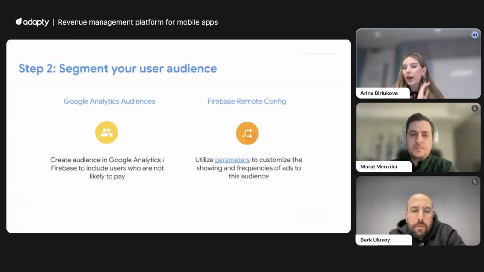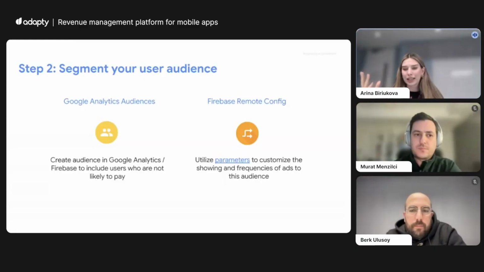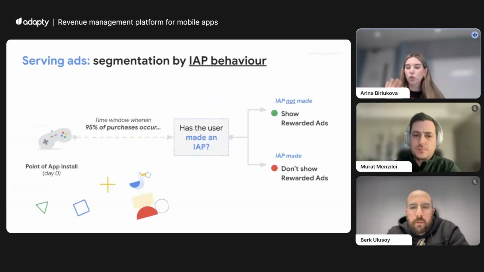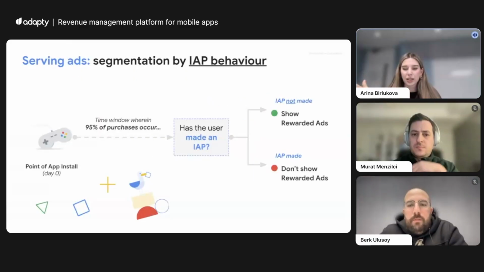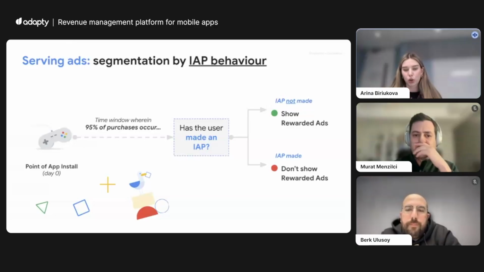Second, I already told you about the opportunity to monetize non-paying users, and this all works with Google Analytics and Firebase. By the way, we provide different kinds of consultations on that, so reach out to us and we can help. We have really easy examples, not to overwhelm you with information.